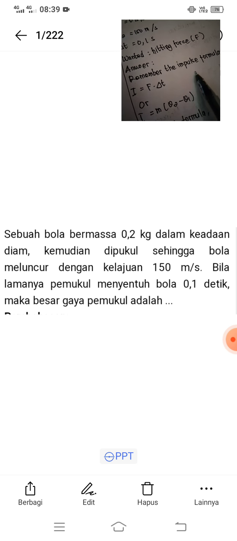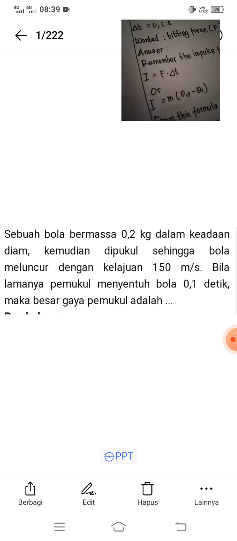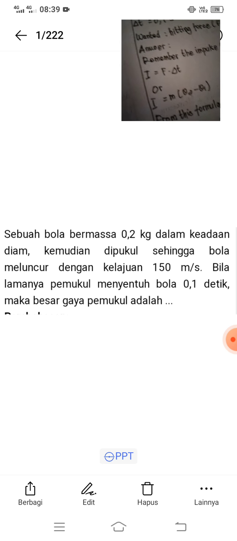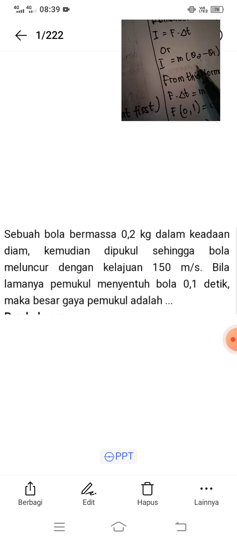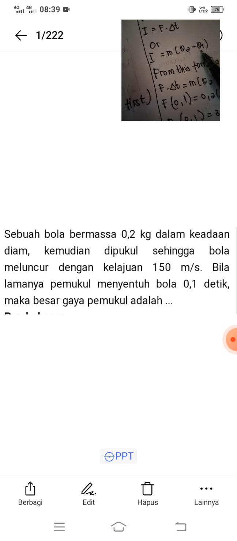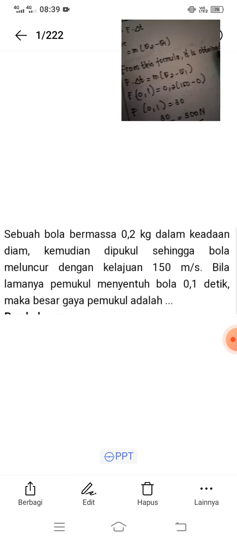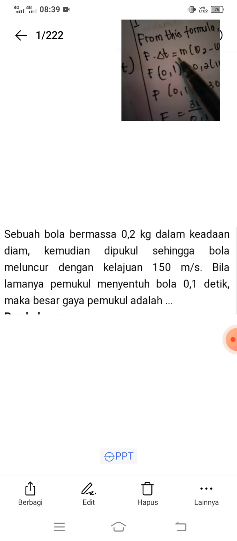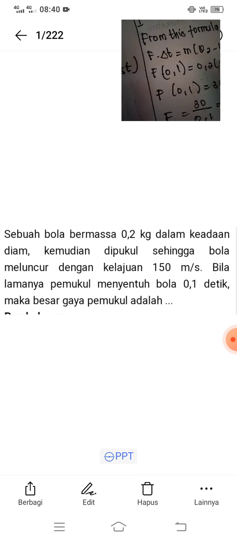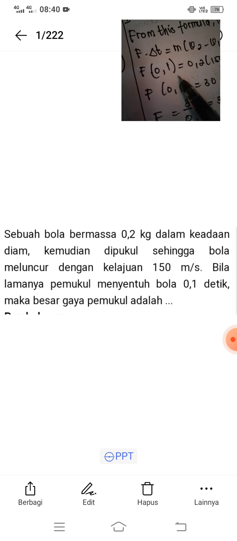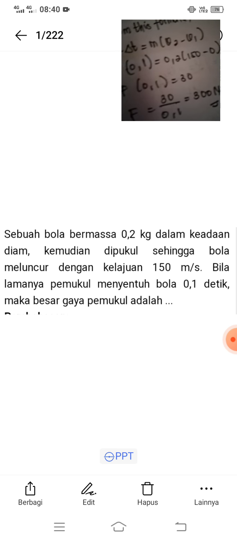Remember the impulse formula. I is F multiplied by delta t, or I is m multiplied by velocity 2 minus velocity 1. From this formula, it is obtained F multiplied by delta t is m multiplied by velocity 2 minus velocity 1. F multiplied by 0.1 is 0.2 multiplied by 150 minus 0.